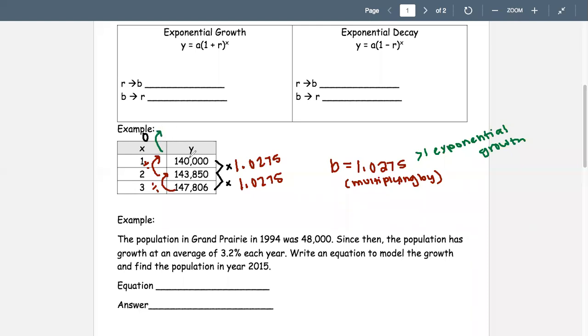So I'm going to divide 140,000 by 1.0275 to get to my previous term. Don't wait on other people, use your calculator. We're dividing 140,000 by 1.0275 to figure out what the term was before that.